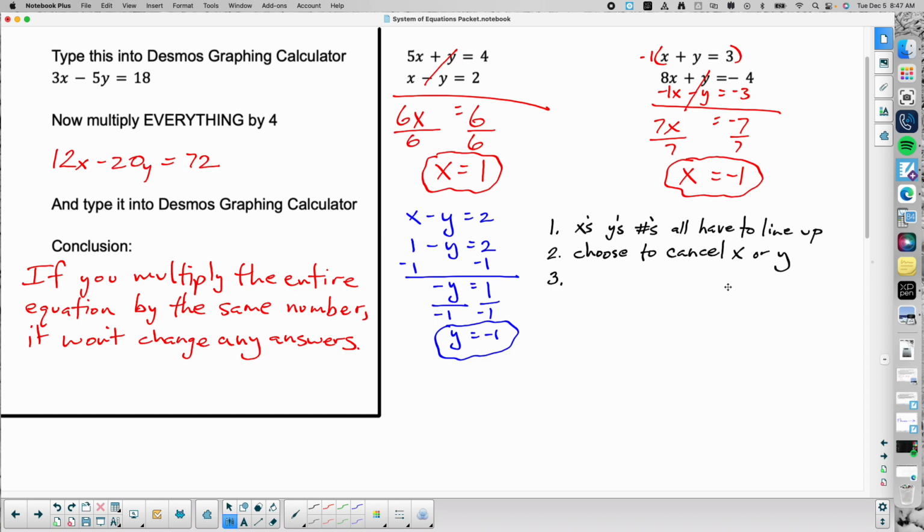The third step is that you're going to multiply each equation, if needed. I mean, the if needed part is there because you don't necessarily have to if it works out.